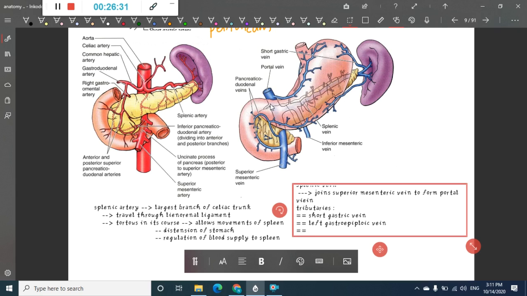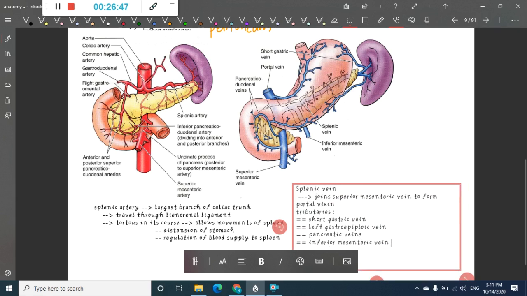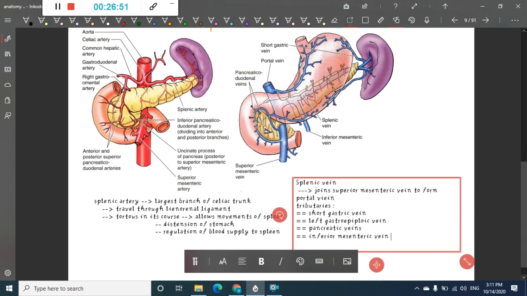Then we have pancreatic veins, which drain the pancreas, and we have inferior mesenteric vein, which will drain the blood from the lower part of the body. So these are the tributaries of splenic vein.